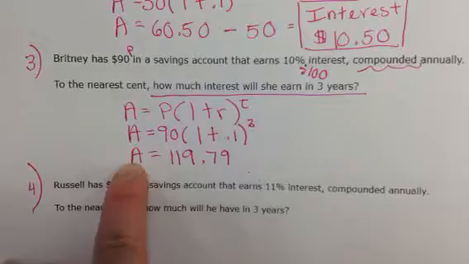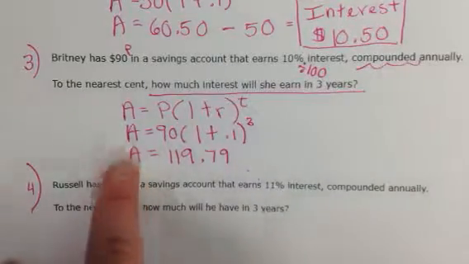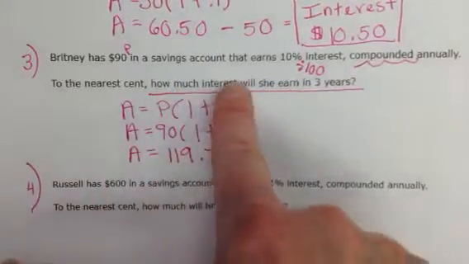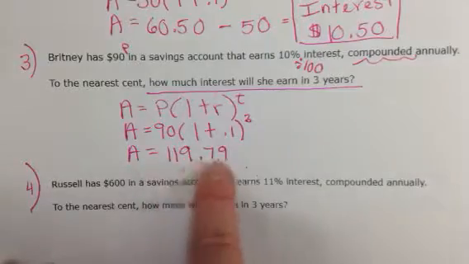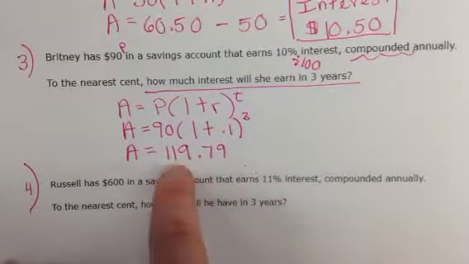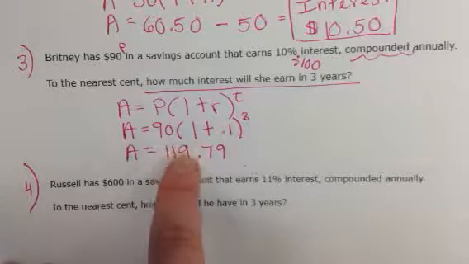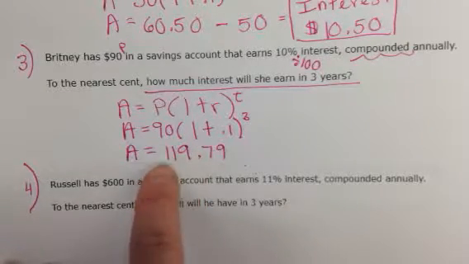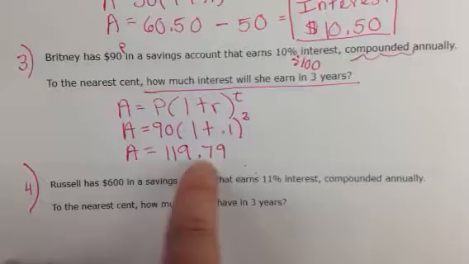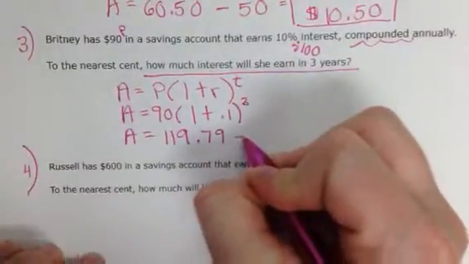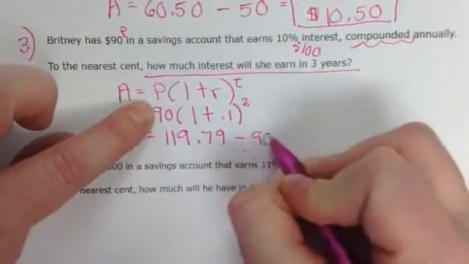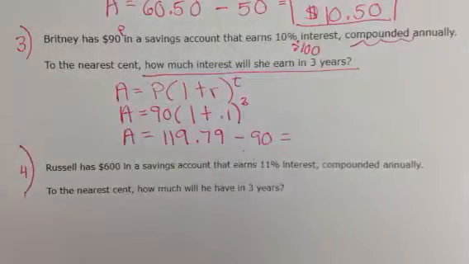A stands for total amount. Okay, how much interest will she earn in 3 years? This ending amount includes what she started with and how much interest that she earned. So if I only want to see the interest, I'm going to take away what she started with, so I can see how much it grew over those 3 years.